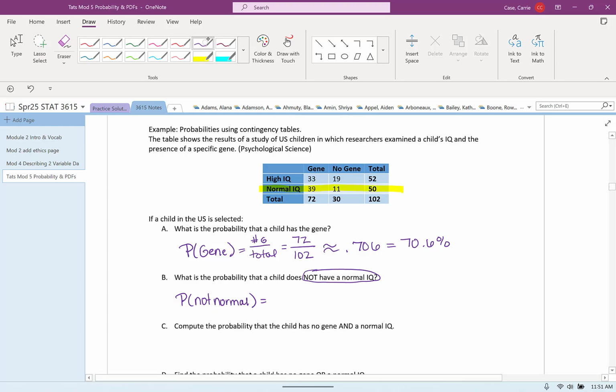So that is 1 minus the probability of normal. This is the complement. So it's 1 minus, there are 50 kids who are normal over 102. And if you do the math there, you get 0.51 or 51%.